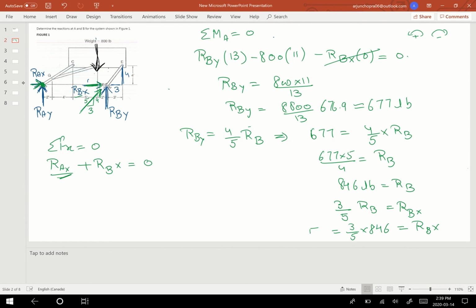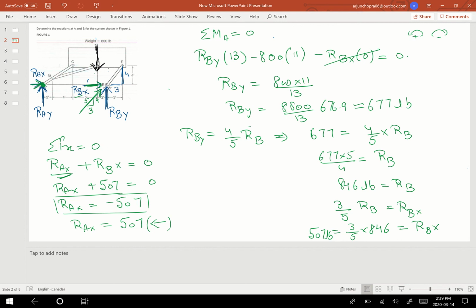So this value is 507 pounds. So I'm going to place this value, plus 507 here, equal to 0. The RAX value I wanted to find comes out to be negative 507. So the direction which we assumed for RAX is wrong. I'm going to change the direction of RAX. It is 507 in the opposite direction.